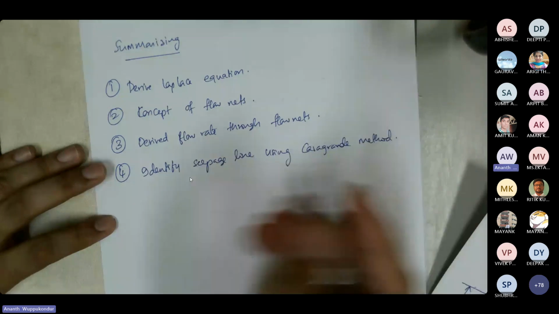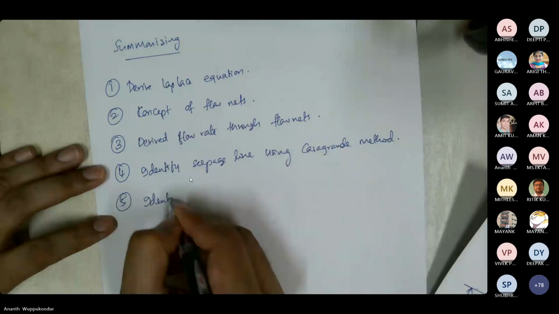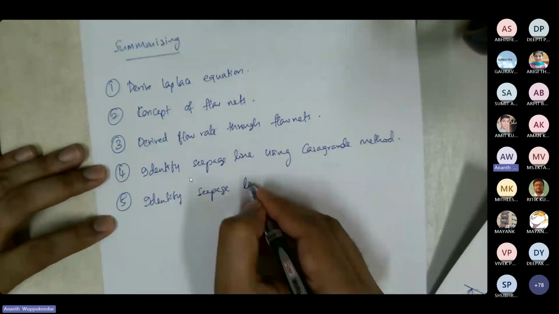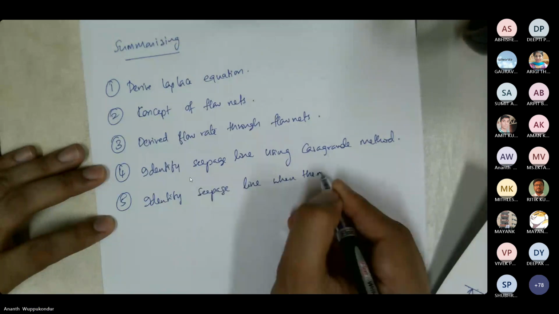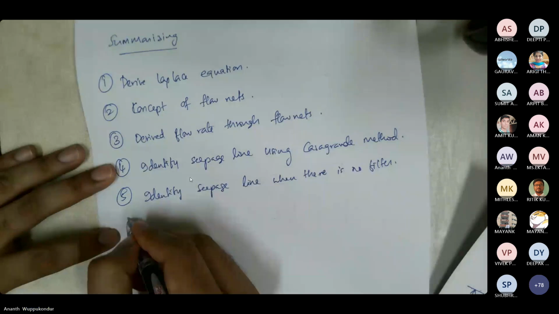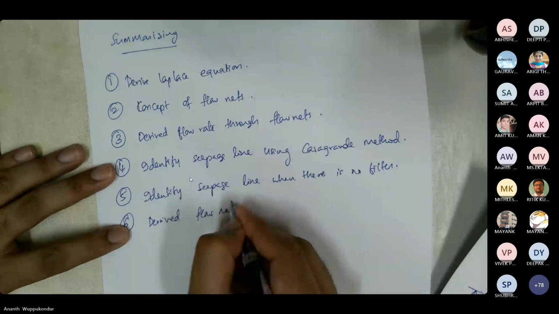And then we also identified the seepage line when there is no filter. And then we derived the flow rate through the embankment.